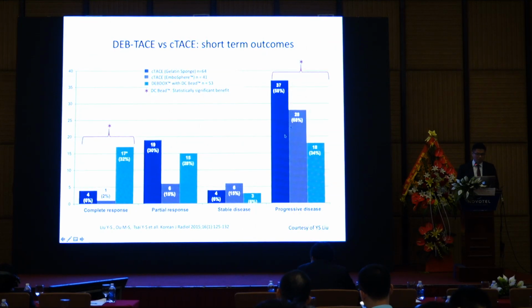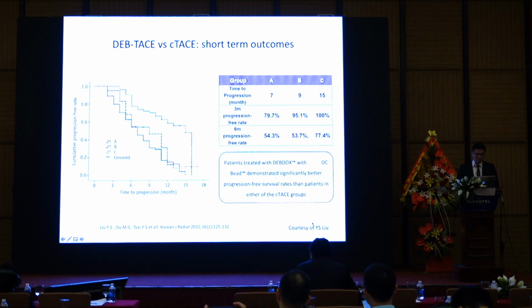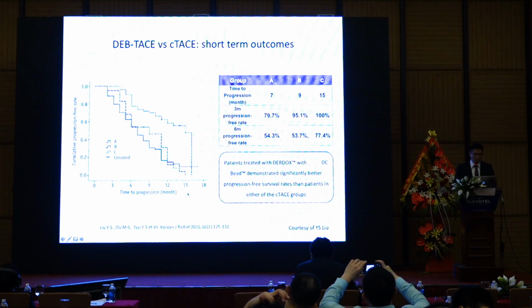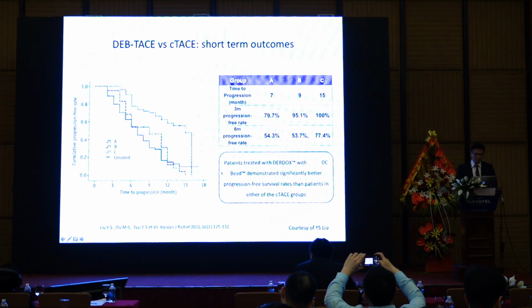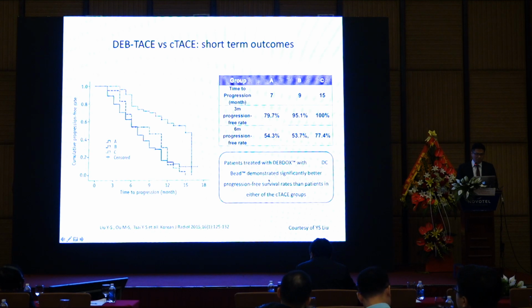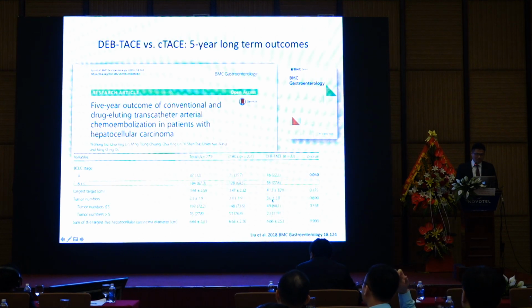So how about the response? The response showed that there is more complete response and less progressive disease in the DEB-TACE group, and the time to progression can be longer in the DEB-TACE group.